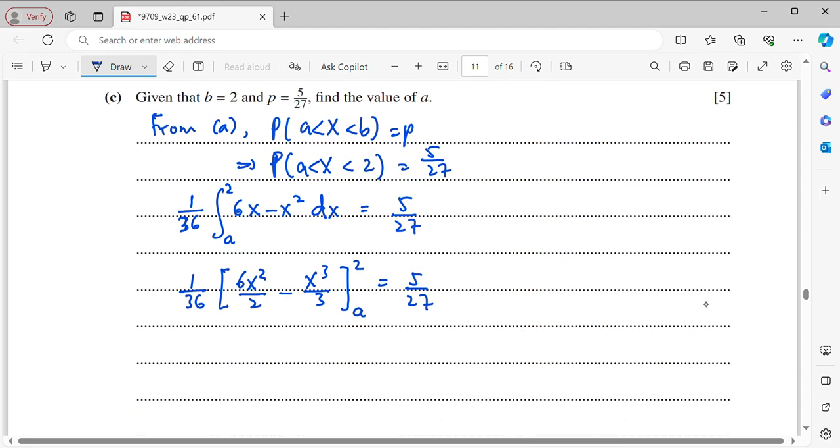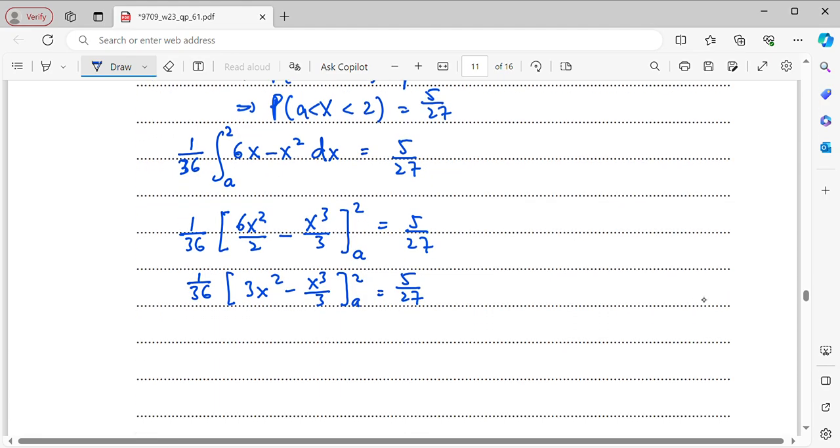Alright, so from here, when we simplify, it will be 1 over 36 times 3x squared minus x cubed over 3, limits from a to 2, then equals 5 over 27. Now replace the x by 2 first. So now this 1 over 36, I will just times the whole equation by 36.